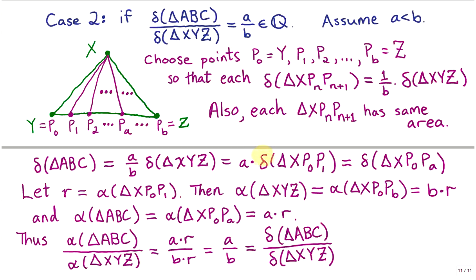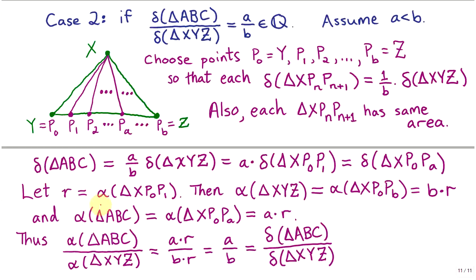Well, if we have A times the deficit of one triangle, since each one of these triangles has the same deficit, this will be equal to the angle deficit of A of these triangles altogether. In other words, if we consider the first A of these triangles, we take their union, we'll get the triangle from X to P0 to PA.